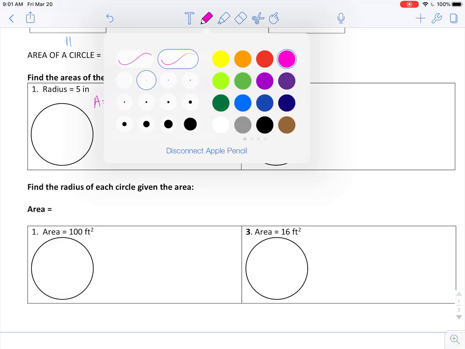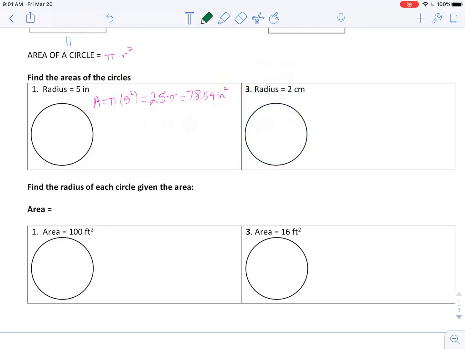So why don't you guys pause the video and find your area for number 3. So area equals pi times r squared. Now, what am I going to do with this radius length? Where would I plug in that radius?